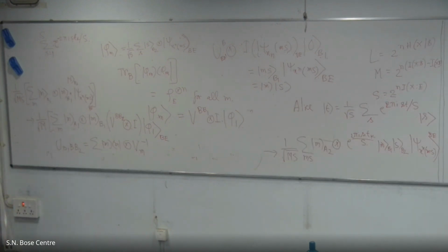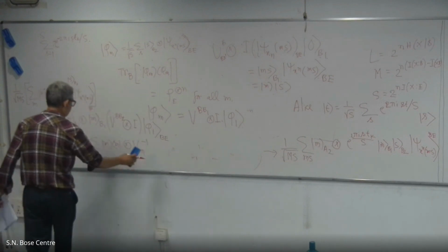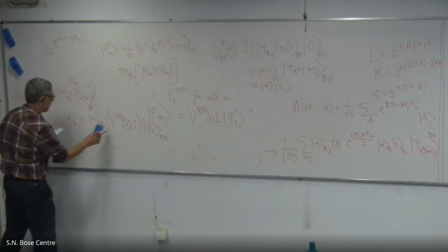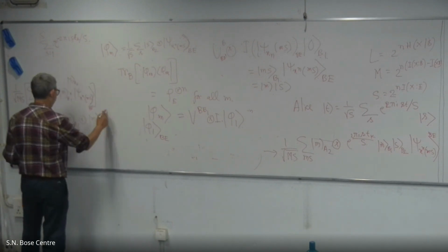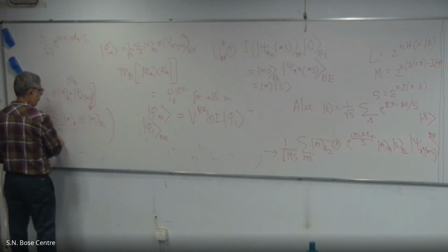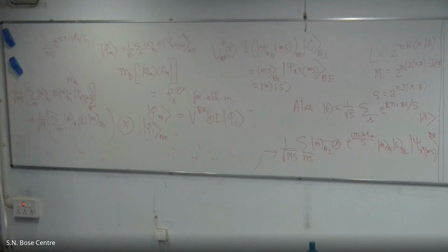Bob applies this controlled unitary operation. After this controlled unitary operation, this will be... and don't forget about this. This is the maximally entangled state.